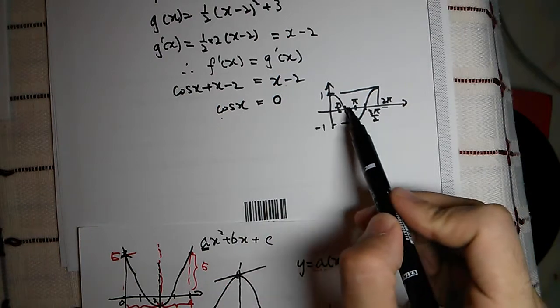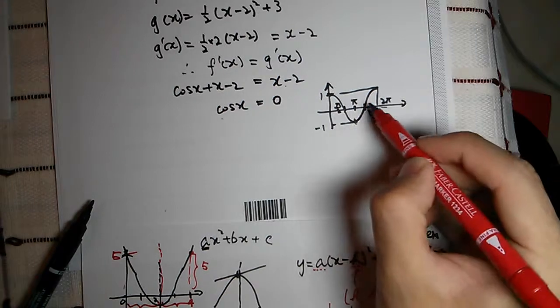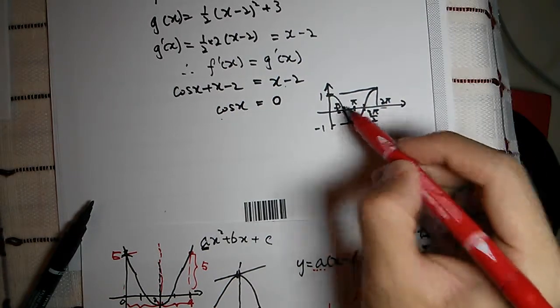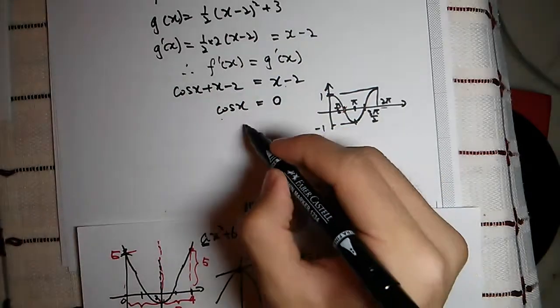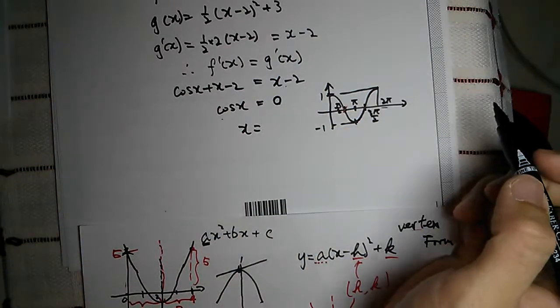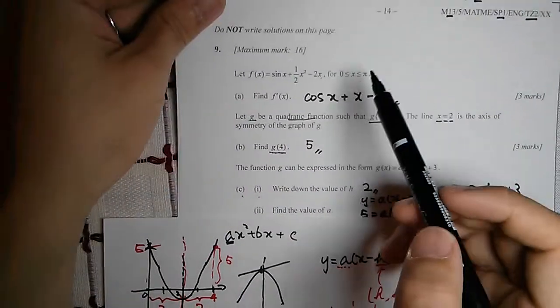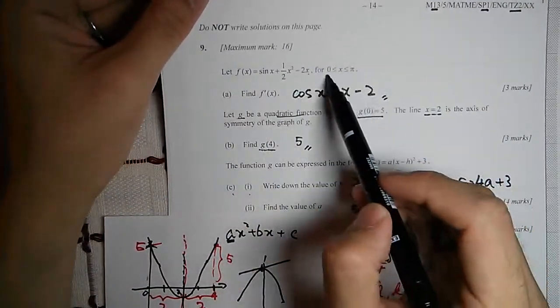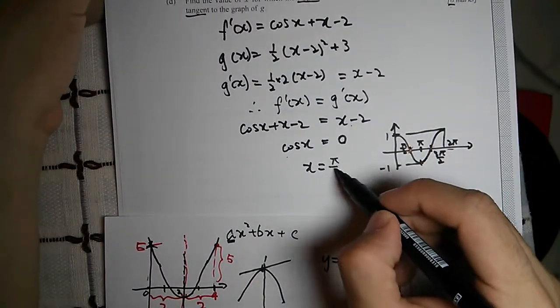It would have to be here and here. Therefore, x is pi over 2 or 3 pi over 2. But note that the domain of f is only from 0 to pi, so 3 pi over 2 is outside the range, so the answer is pi over 2.